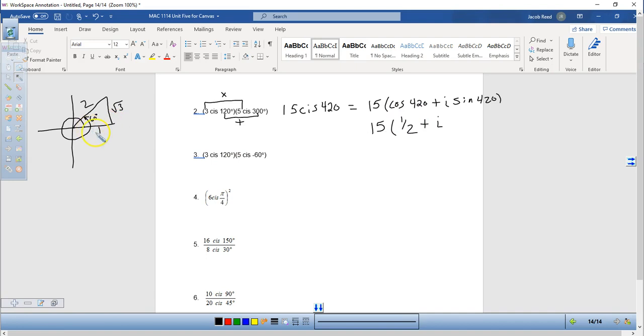Sine of 420 degrees is square root 3/2. Multiply the 15. So I got 15/2 plus 15 root 3/2 I.